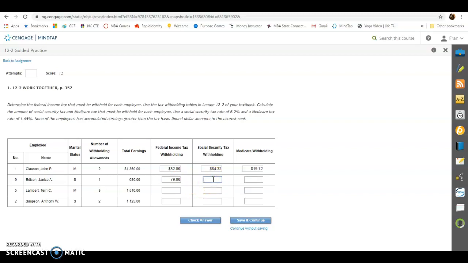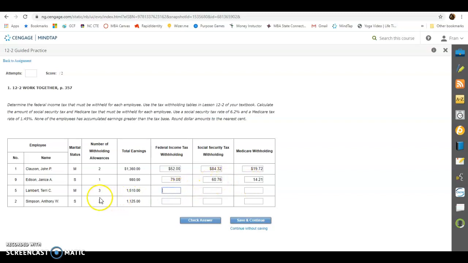Then you take her $980, multiply that by 6.2% to get her Social Security, and that's $60.76. Again, take her $980, multiply that by 1.45%, and you get $14.21.